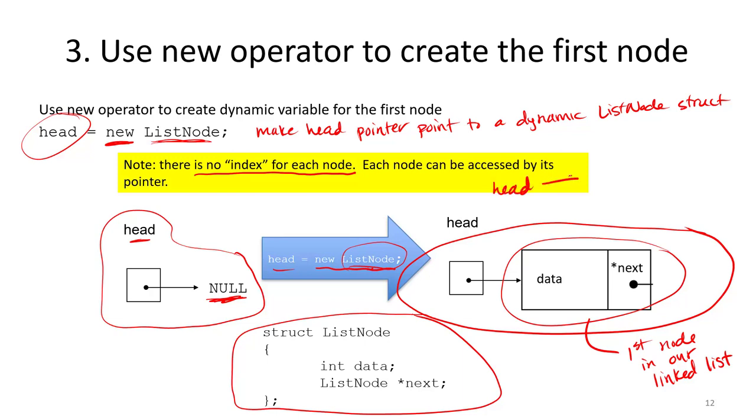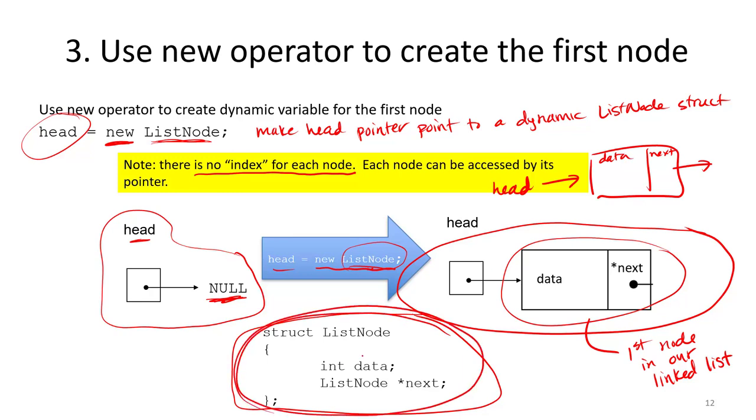We have our pointer head, I drew an arrow, and then I have a box that shows data and next. This is to match our listNode struct, which contains an int variable data and a listNode type pointer named next. So drawing these pictures can really help visualize what's happening when we write this code.